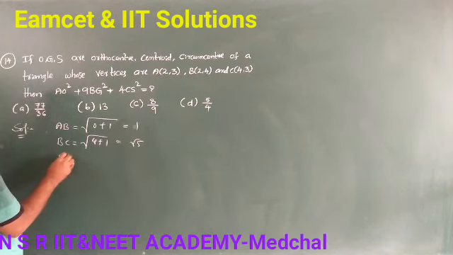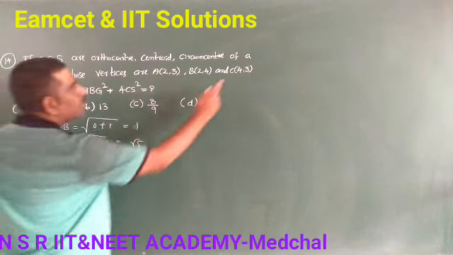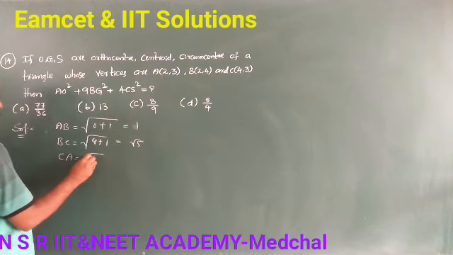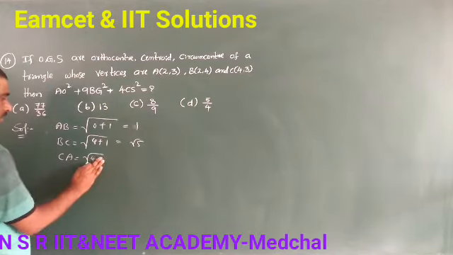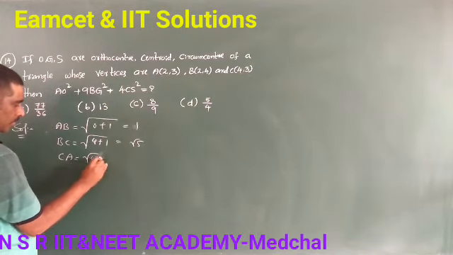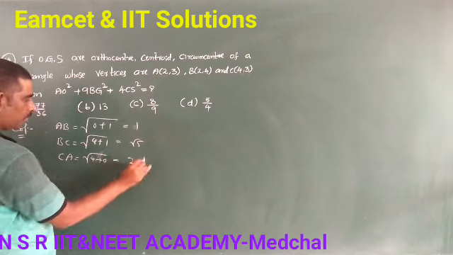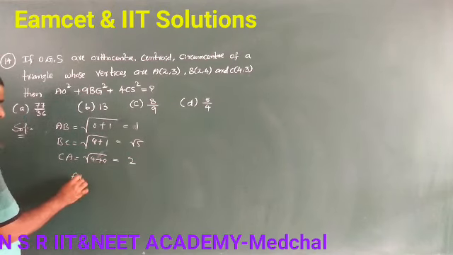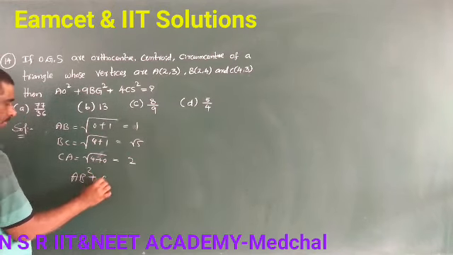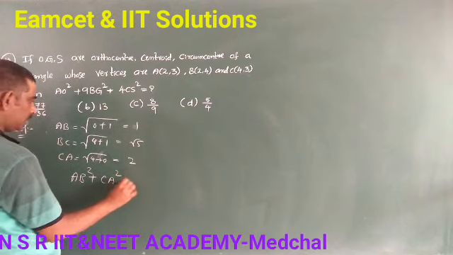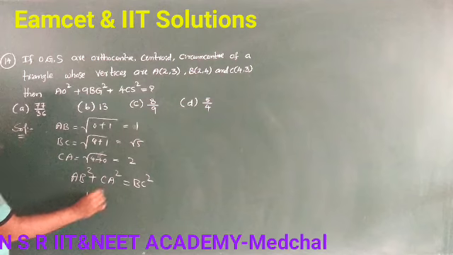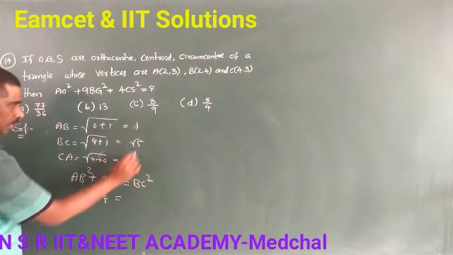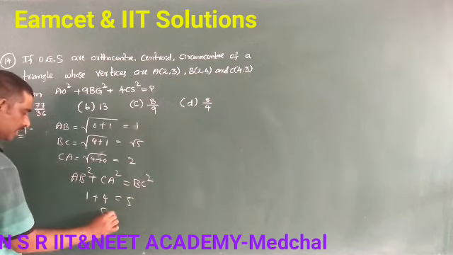Next, CA: 4 minus 2 is 2, square 4, plus 3 minus 3 is 0. So root 4 equals 2. So AB square plus CA square is equal to BC square. AB square is 1, CA square is 4, and BC square is 5. So 5 is equal to 5.